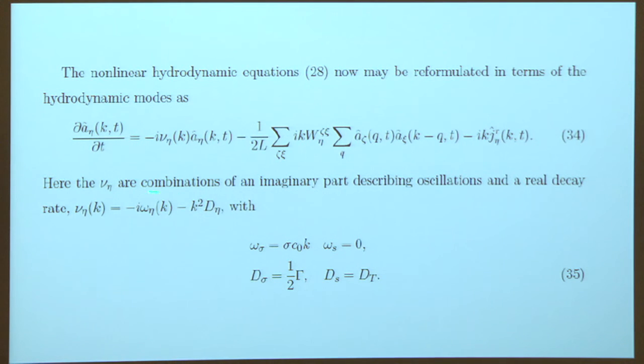For the sound modes, there is minus i ω_k, where ω_k is the sound velocity times k, minus k squared times the sound mode damping constant, Γ over 2. For the heat mode, this would be 0, and this would be the heat diffusion coefficient.